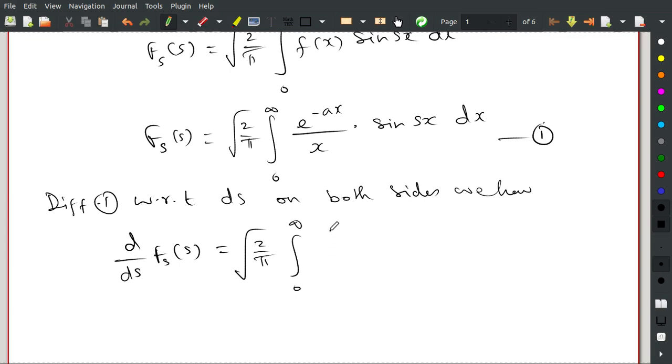Since this is independent of x, we can write d by ds of sine sx, and put this dx this side.